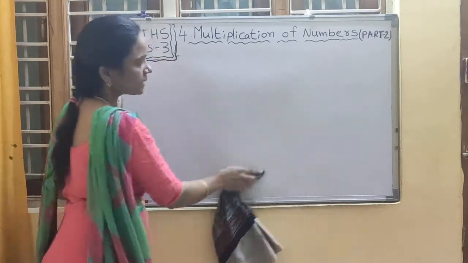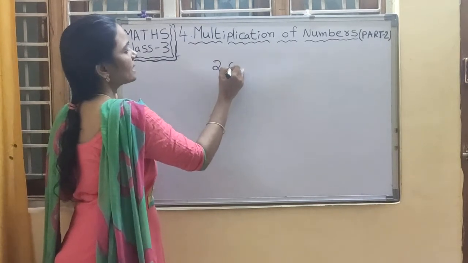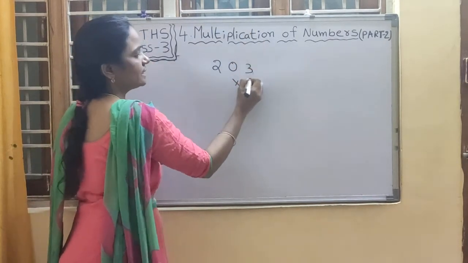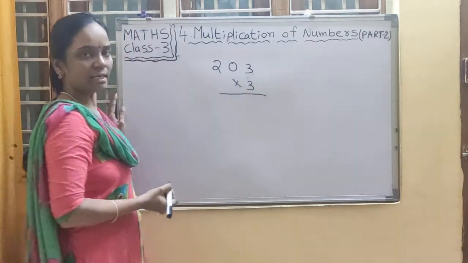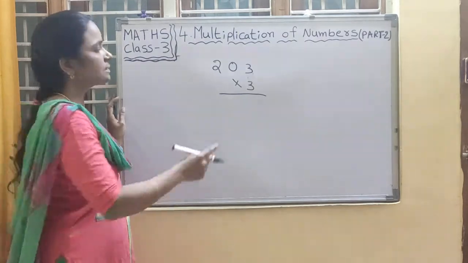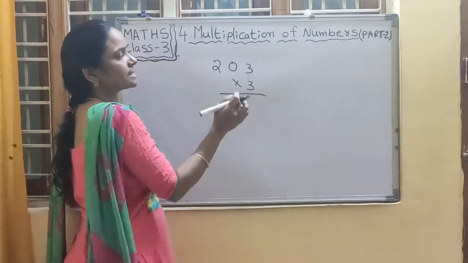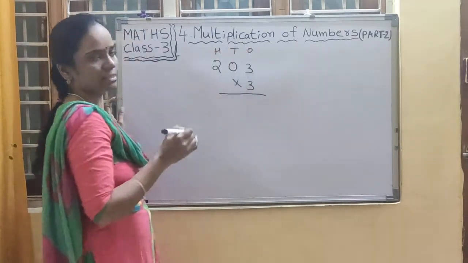One simple multiplication I want to explain. 203 into 3. Okay, look at the board, children. First, it is a 3-digit number by a 1-digit number, so ones place, tens place, hundreds place.